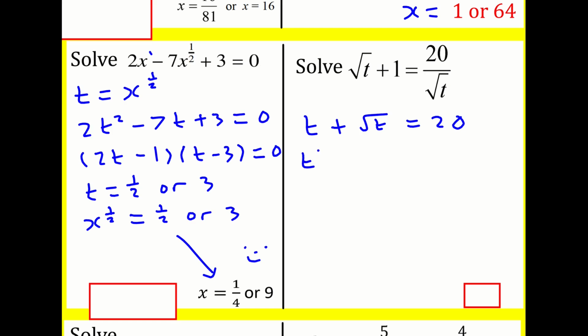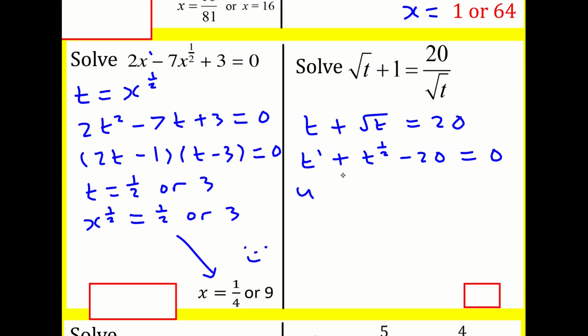You can, if you want, write it as t to the 1 plus t to the half minus 20 equals 0, because we always want to set it equal to 0 in this kind of factorizing scenario. And then it's much better. Now we've got an equation in terms of t, but it's not yet a quadratic, so we need to do a substitution. I'm going to use u, because we've already got t in the equation.